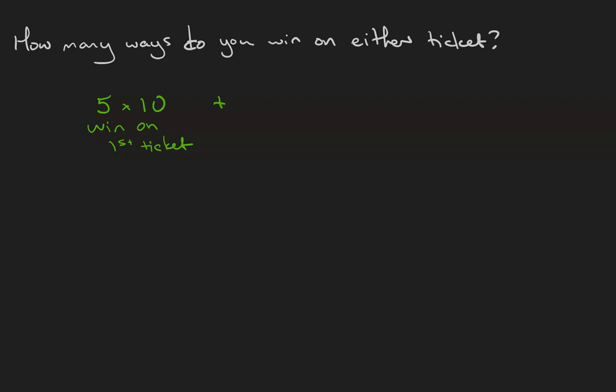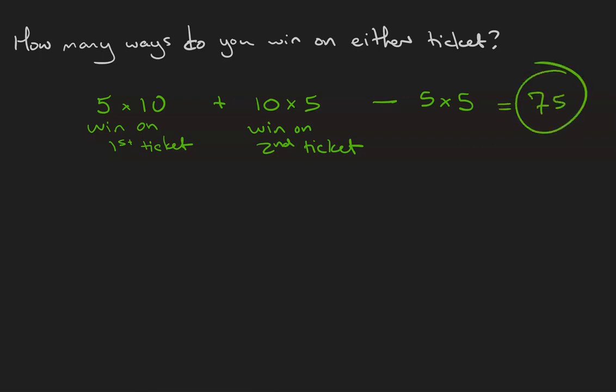Plus, winning on the second ticket, you have 10 times 5 ways to do that. But notice that both of these situations include winning on both tickets. So we need to subtract that overlap. So 50 plus 50 makes 100, minus 25 is 75 ways to win on either ticket.